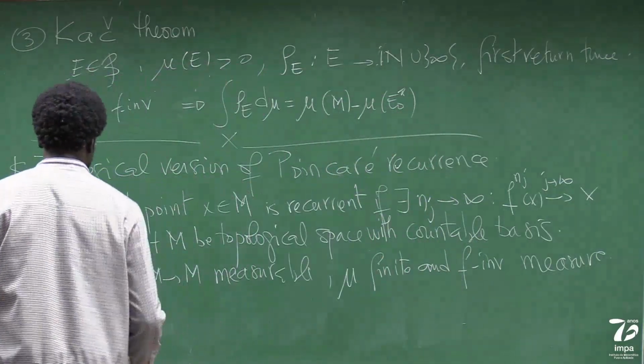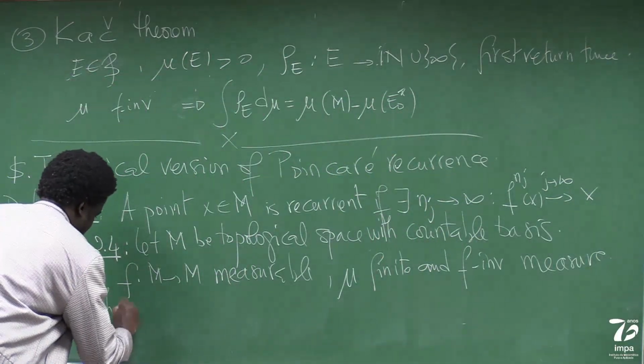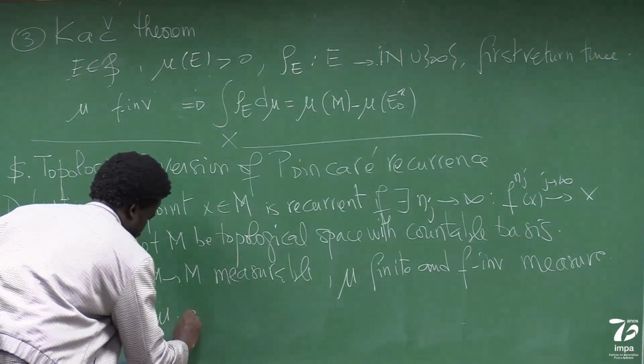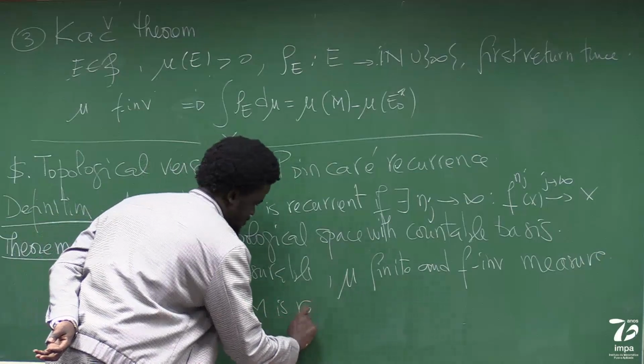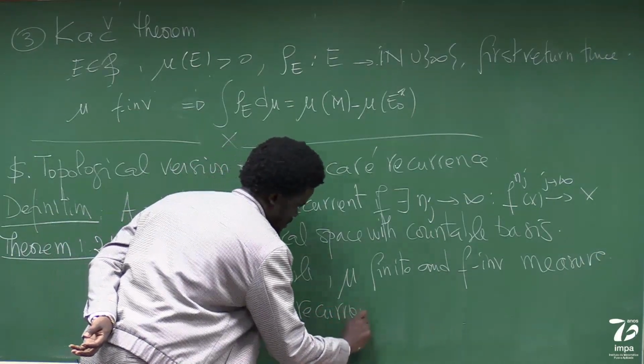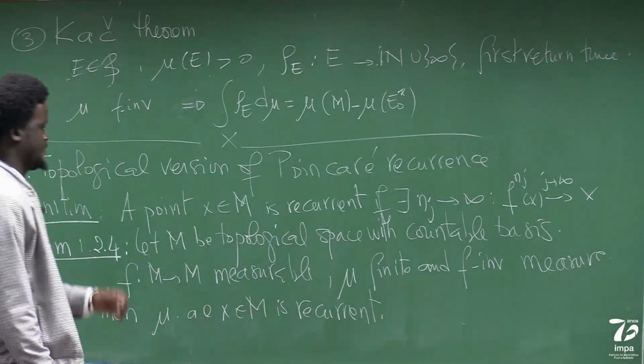So the theorem tells you that then mu almost every x in M is recurrent.